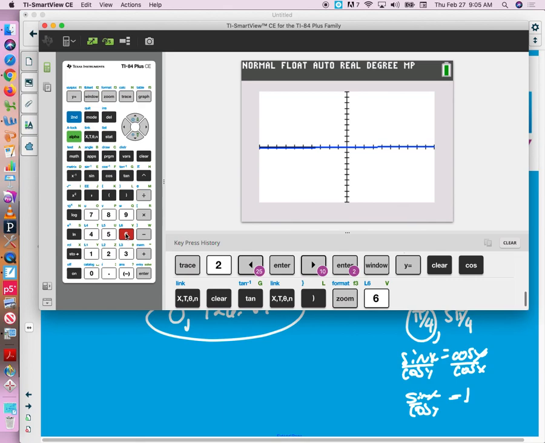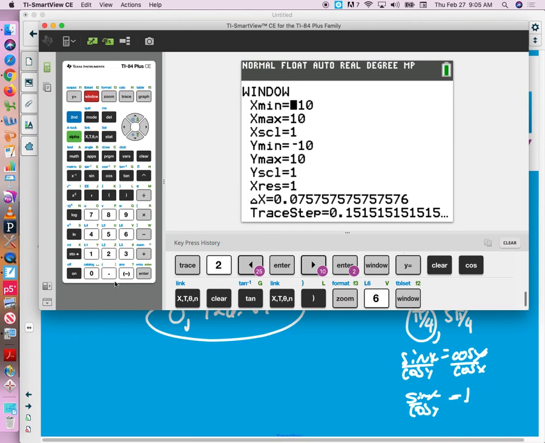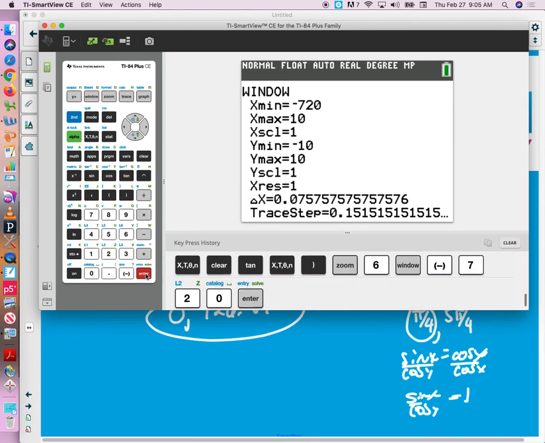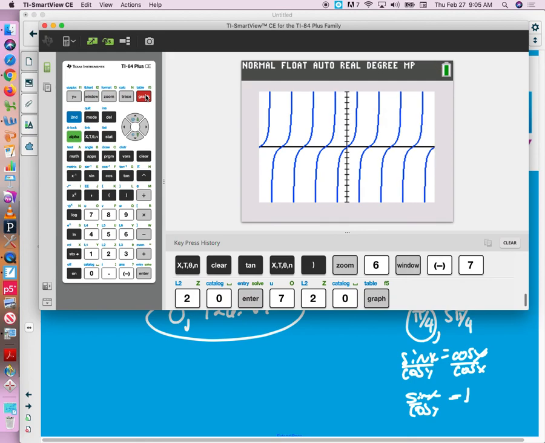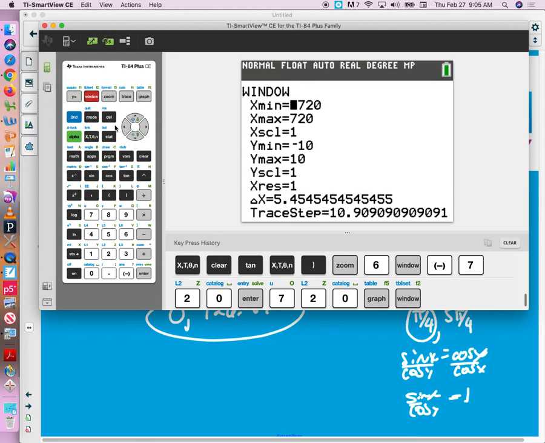If I make my window negative 720 to 720, because once again, I emphasize, it really ascertains whether you know what you're doing. If I know what I'm doing, I feel good about my tangent graph. If I don't, I'm going to be fumbling around with everything and getting frustrated.